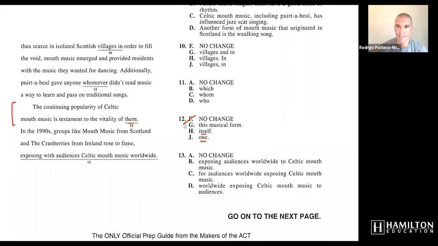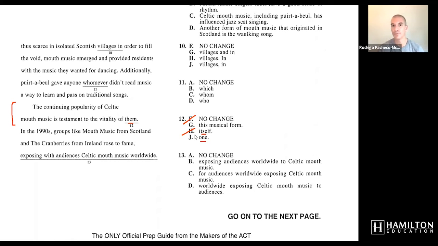So we can eliminate F, no change. H, itself, that this doesn't really make sense. This isn't something that it would do to itself, this reflexive pronoun. We can eliminate H. J, one, to the vitality of one. This doesn't really make sense as well in this context.